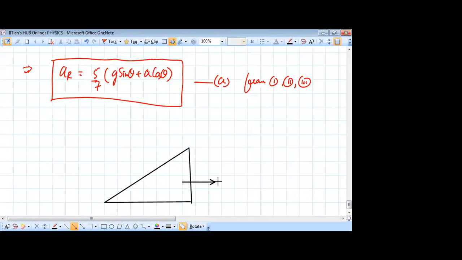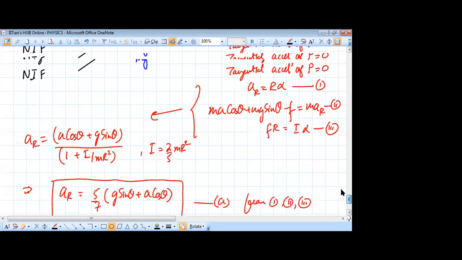So my wedge is moving in the ground frame with some acceleration E, and my sphere went somewhere.